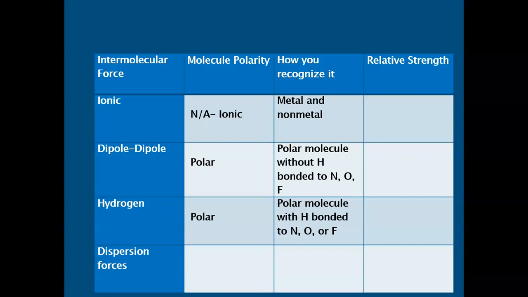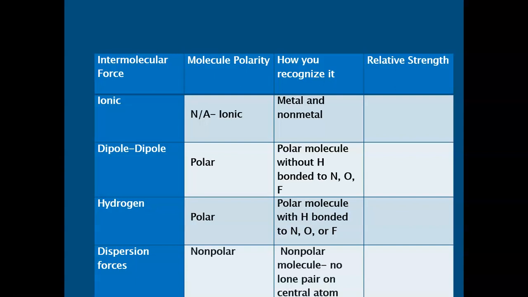Dipole-dipole forces exist when I have a polar molecule that does not have hydrogen bonded to nitrogen, oxygen, or fluorine. So hydrogen bonding is like a special type of dipole-dipole force when I have hydrogen bonded to nitrogen, oxygen, or fluorine, and it's a particularly strong interaction. And dispersion forces exist in nonpolar molecules. So again, we'll recognize those when we have that nonpolar molecule with no lone pair on the central atom.